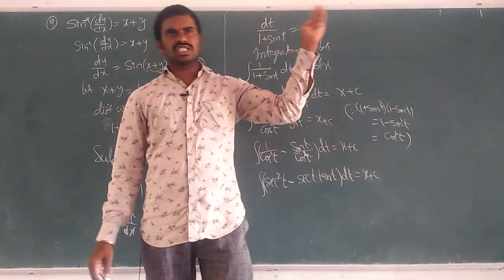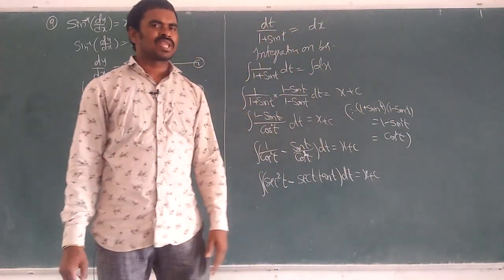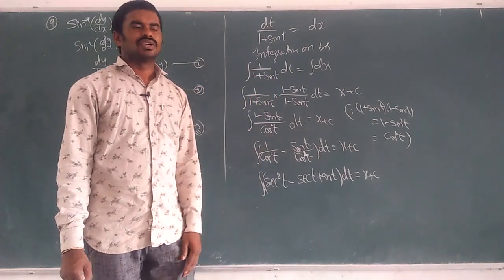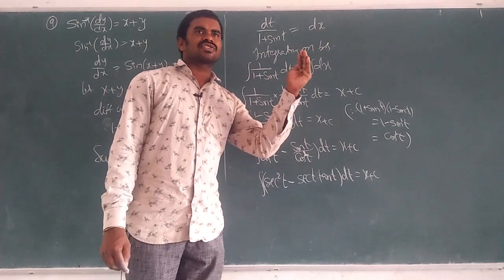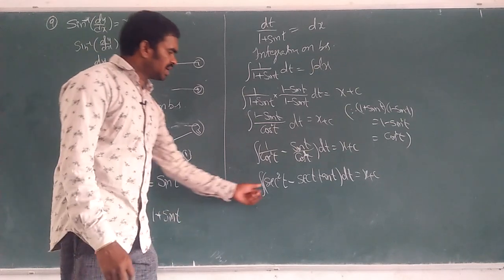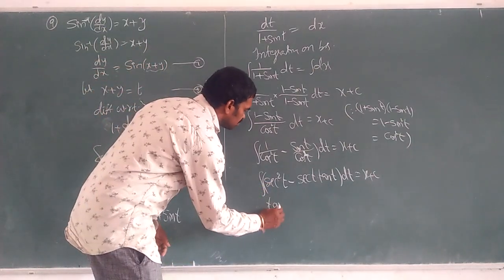The derivative of sin x is cos x, the derivative of cos x is minus sin x, the derivative of tan x is secant square. So the derivative of tan x is secant square, meaning the integration of secant square is tan.